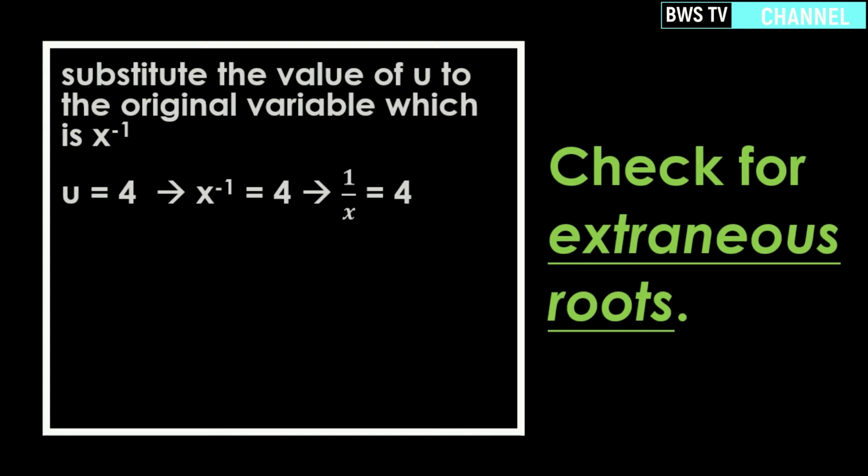That will always be the case. 1 will always be the numerator and the variable with the negative exponent will be the denominator. So in here, the variable is x raised to the power of negative 1, so that will be your denominator. 1 is constant. That will always be the case.